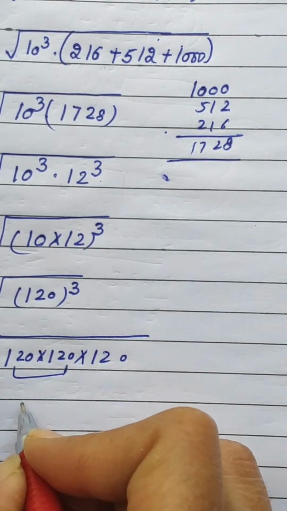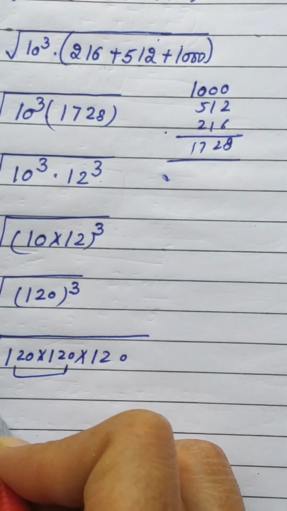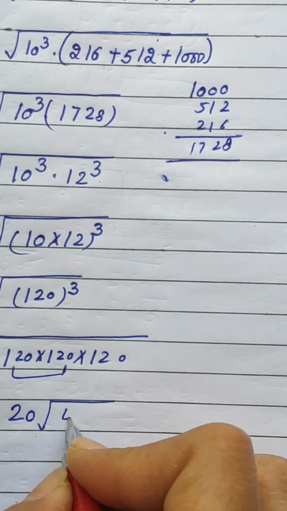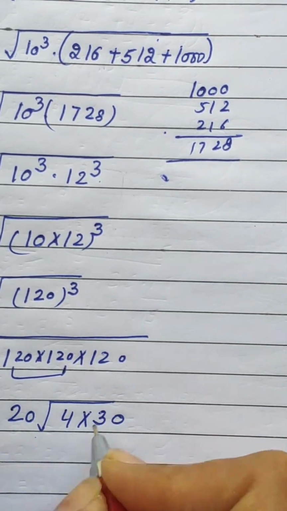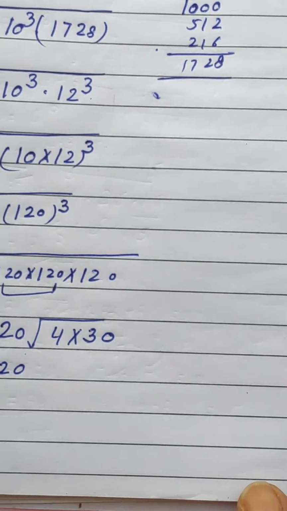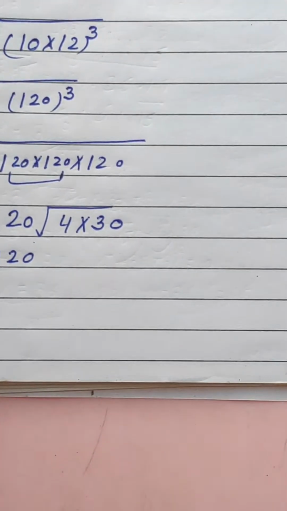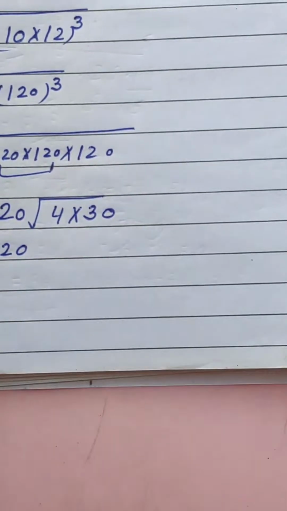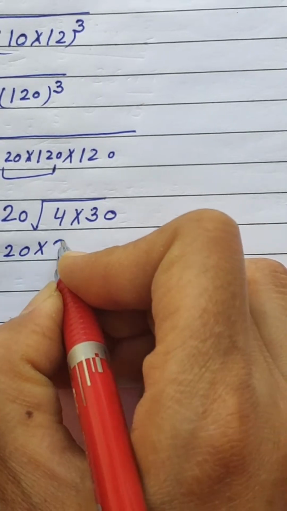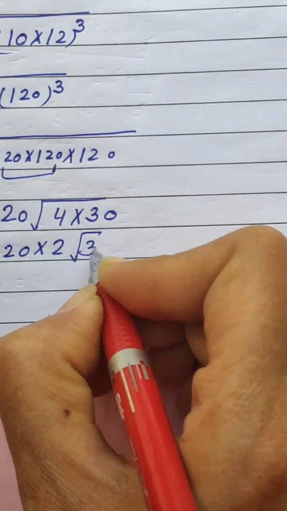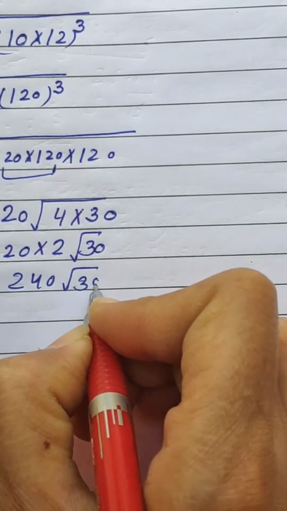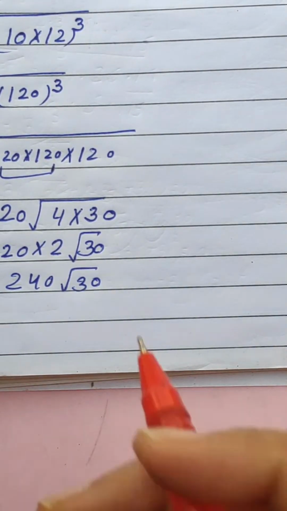So here 120, 120, only 120 is there. 120, we can write 4 multiplied by 30. So 120 squared into 30. So we get 240 into 30. So that will be your answer with the first method.